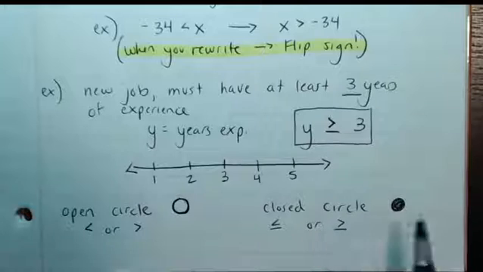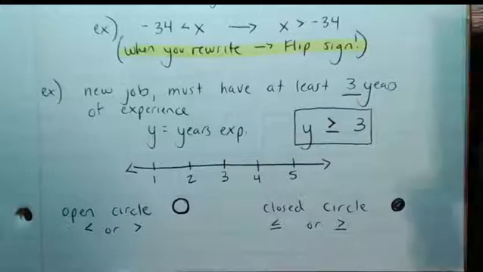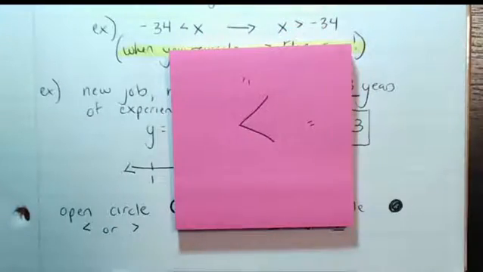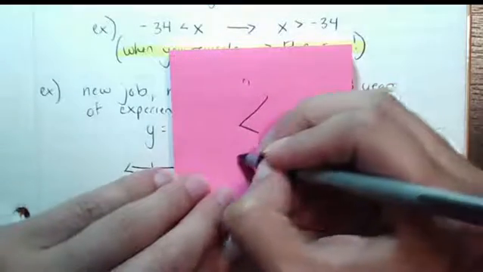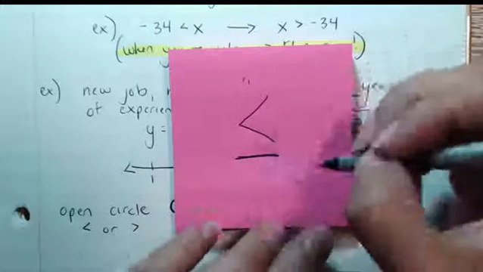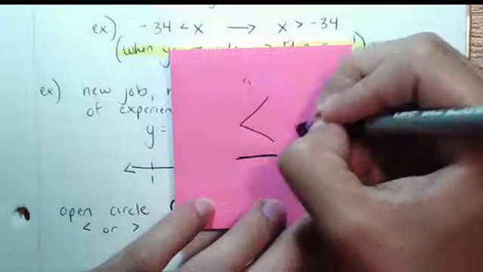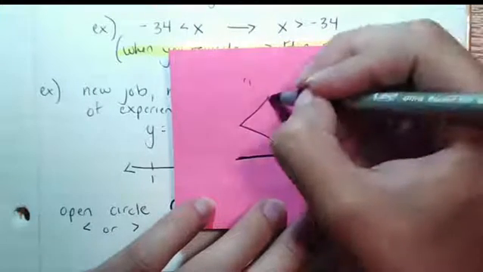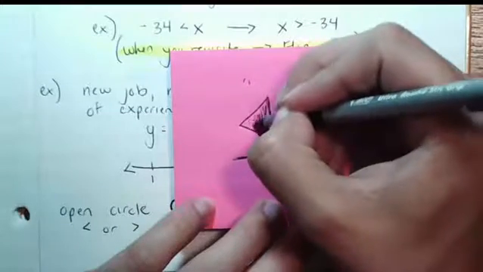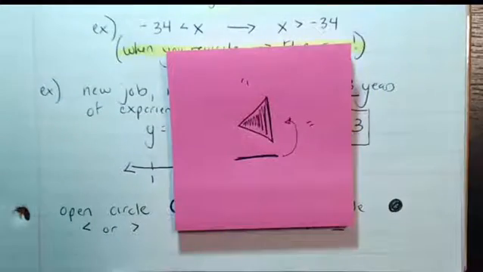Now, one way I remember the difference between the closed circle or open circle is if I give you back this symbol. So here's my less than symbol. Say it's less than or equal to. Since it has its equal to bar, this is how I remember that it's a closed circle. If I move this bar and I put it right here, it closes this to make a triangle, which means it's a solid figure.